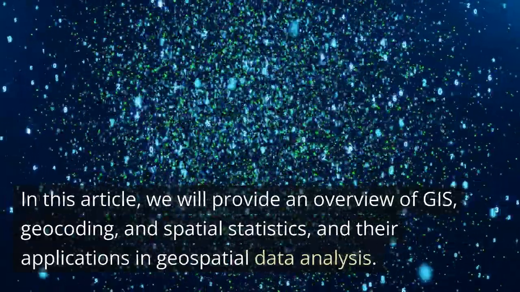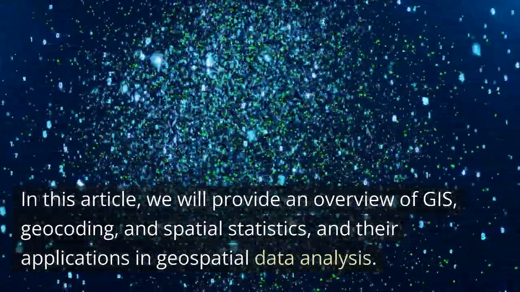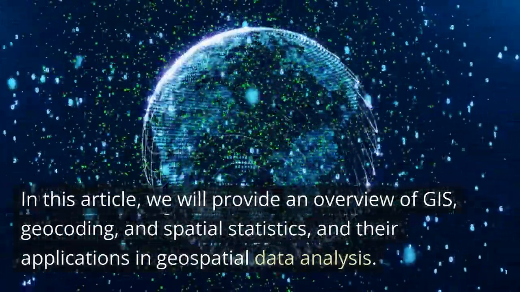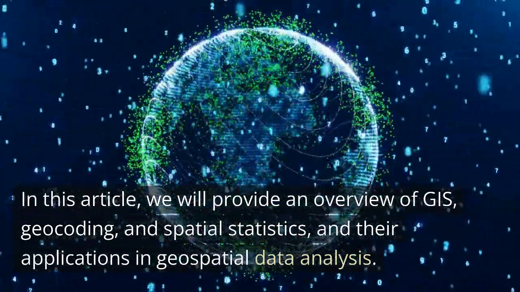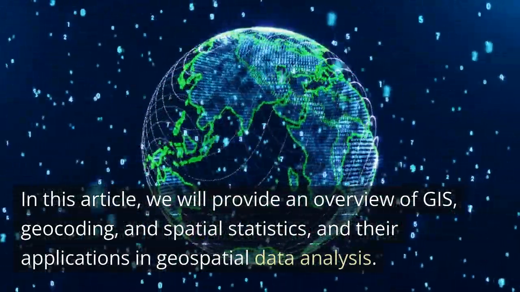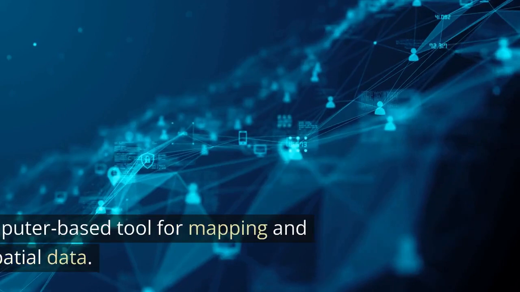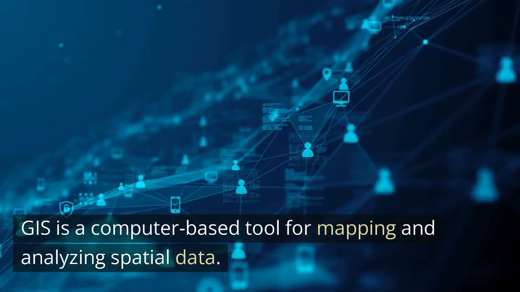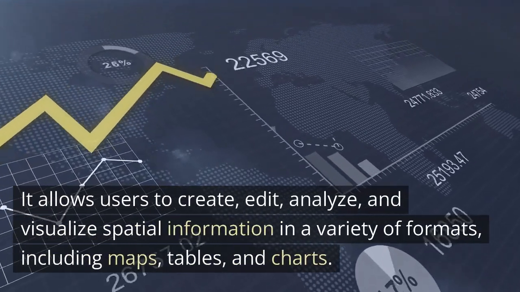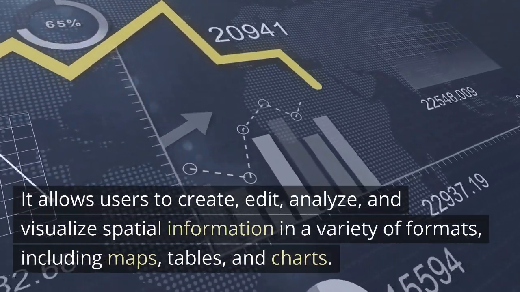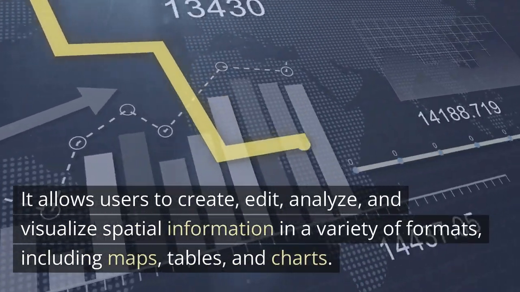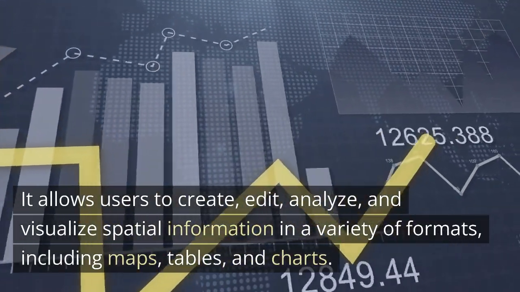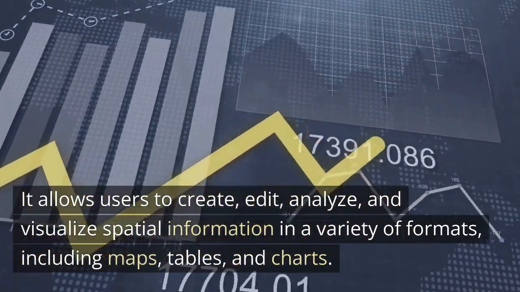In this article, we will provide an overview of GIS, geocoding, and spatial statistics, and their applications in geospatial data analysis. GIS. GIS is a computer-based tool for mapping and analyzing spatial data. It allows users to create, edit, analyze, and visualize spatial information in a variety of formats, including maps, tables, and charts.